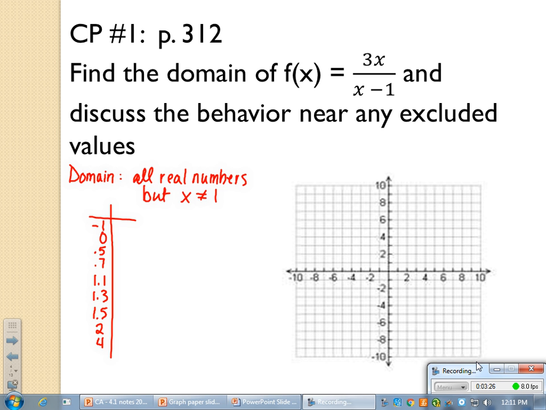And I suppose I could have used a lot of smaller-ish ones too, but I went into a couple that were quite a bit bigger. All right, so at -1, I got 1.5. 0 was 0. -3, -7, I'm going to quickly fill in my table here.